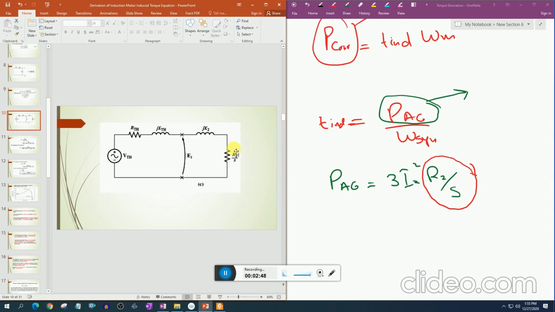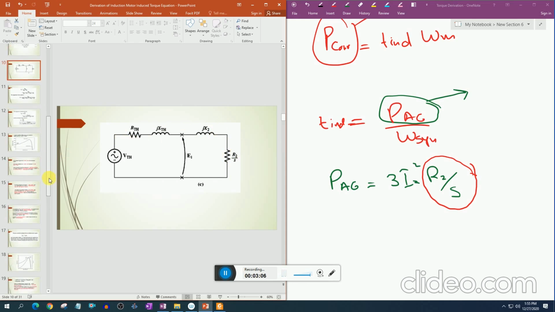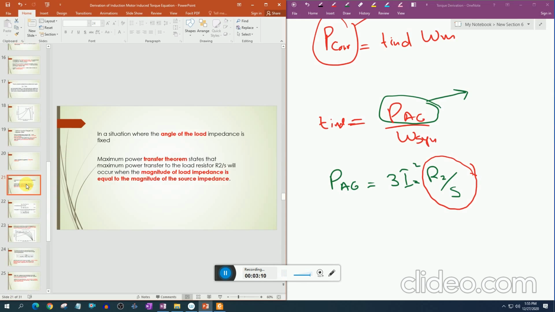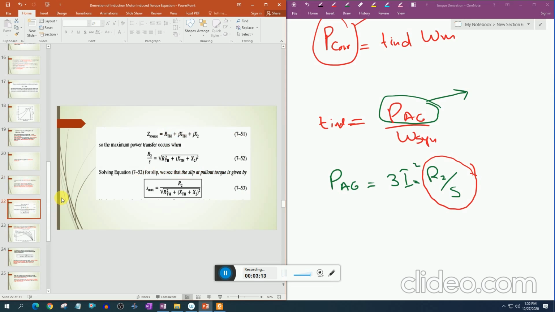For example, this is the load impedance, and this is the source impedance. When this magnitude is equal to this magnitude, then the maximum power transfer occurs.